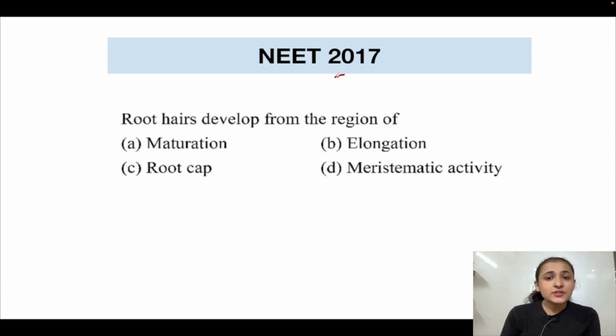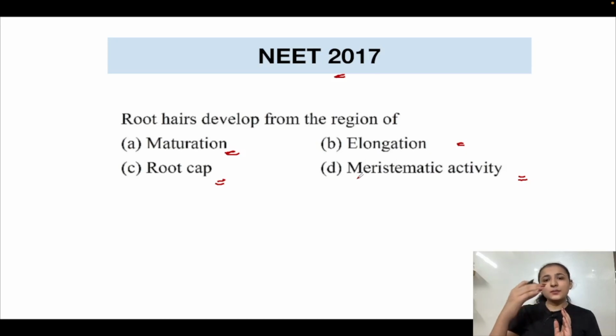Now, this question is from NEET 2017. This question says that root hairs develop from the region of maturation, elongation, root cap or meristematic activity. If we studied the structure of a root and the regions present in it, starting from the tip of the root is present the root cap. A few millimeters above the root cap is the region of meristematic activity.